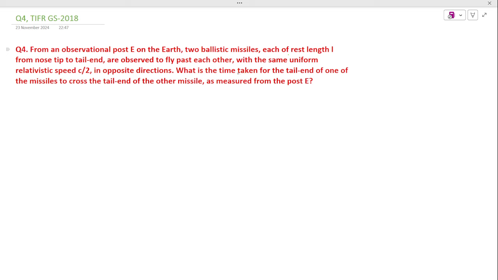What is the time taken for the tail end of one of the missiles to cross the tail end of the other missile as measured from the post E? So basically here this is one rocket, and that is the other rocket.